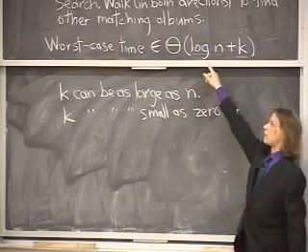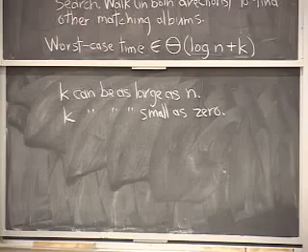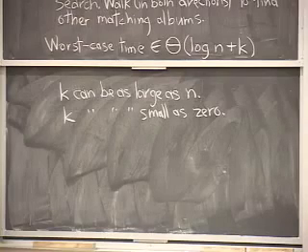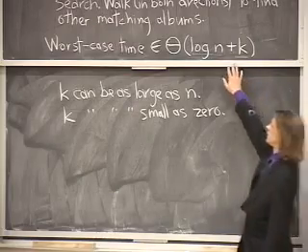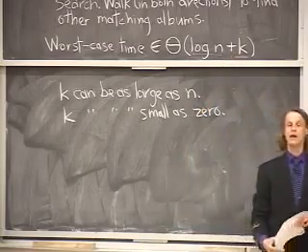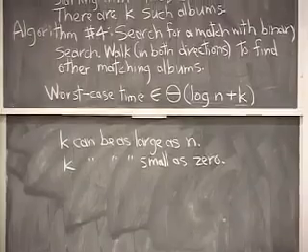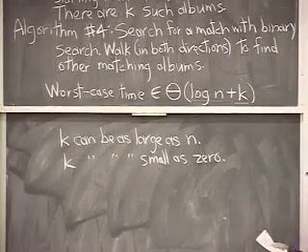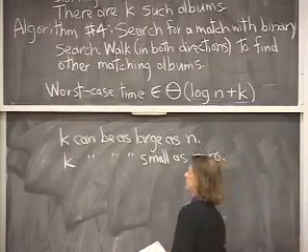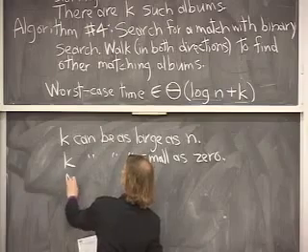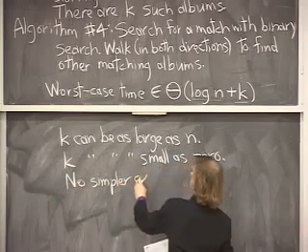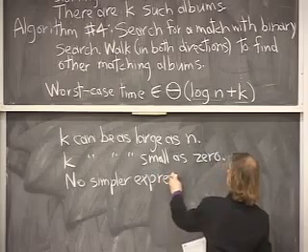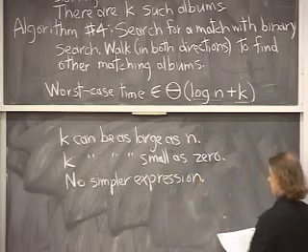But if k is 0, then log n definitely dominates k. And we don't know in advance, before we search the array, how big k is going to be. So this is basically the tightest expression we can give in terms of n and k of the running time. So there's no simpler expression for the big theta in terms of both n and k.